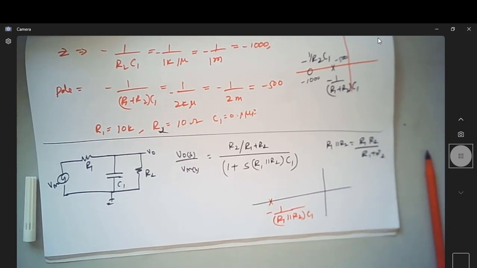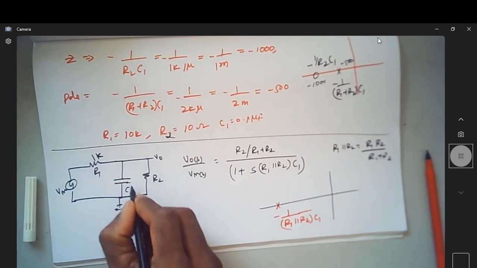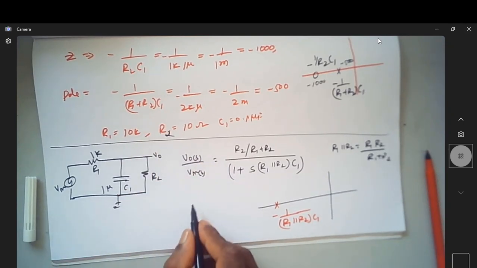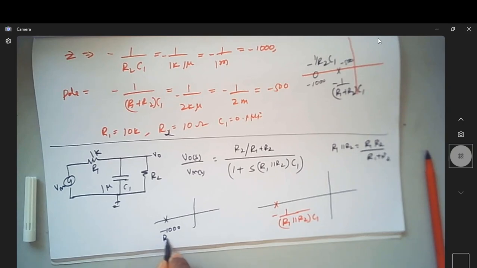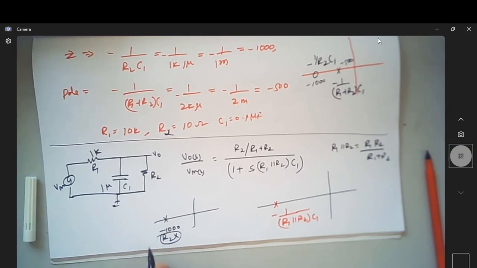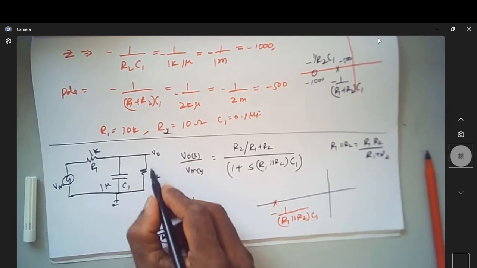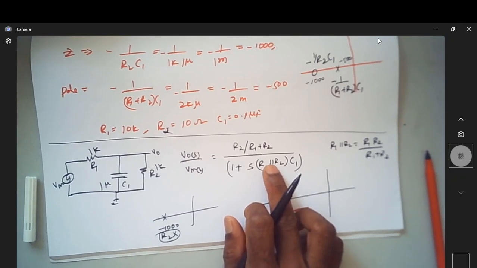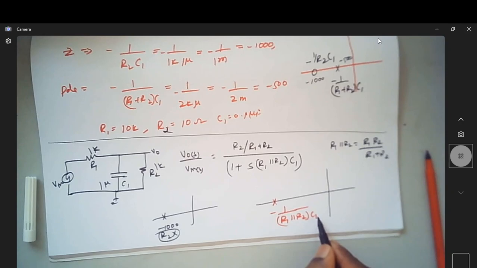Now suppose R1 is 1K and C1 is 1 micro. When R2 was not there, the pole was at minus 1000. So minus 1000 without R2. The moment you put R2, since we keep both as 1K, R1 parallel R2 becomes 500 ohm, with C1 as 1 microfarad.